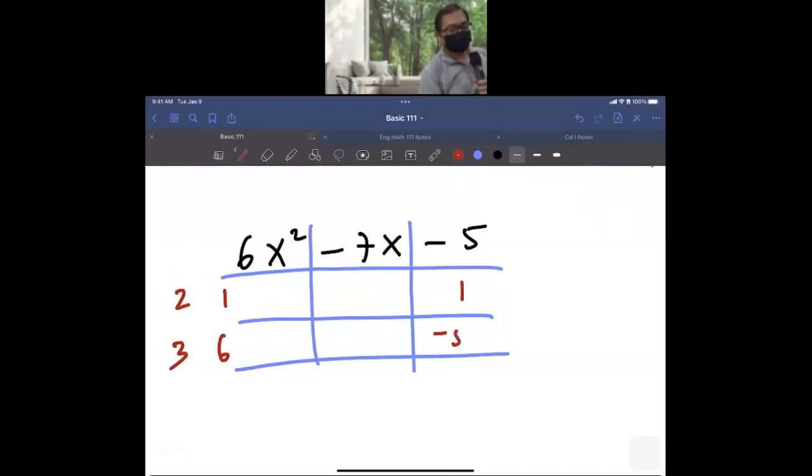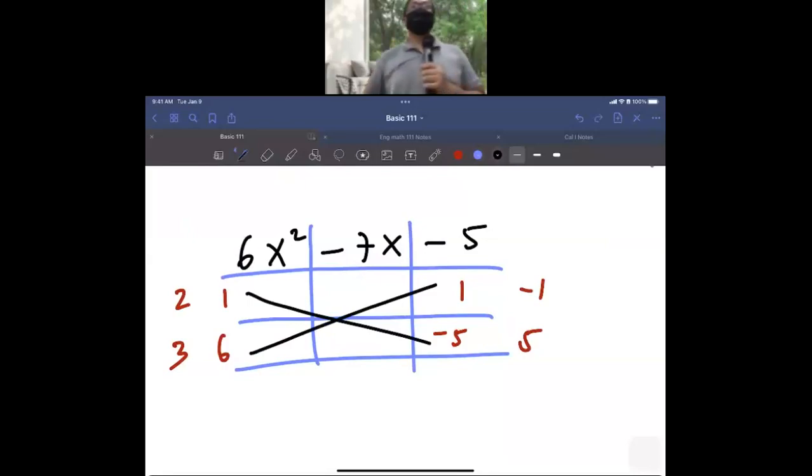So it's going to be 1 or -5 or -1 or 5. With this method, you cross multiply and you can get the factors really quick.